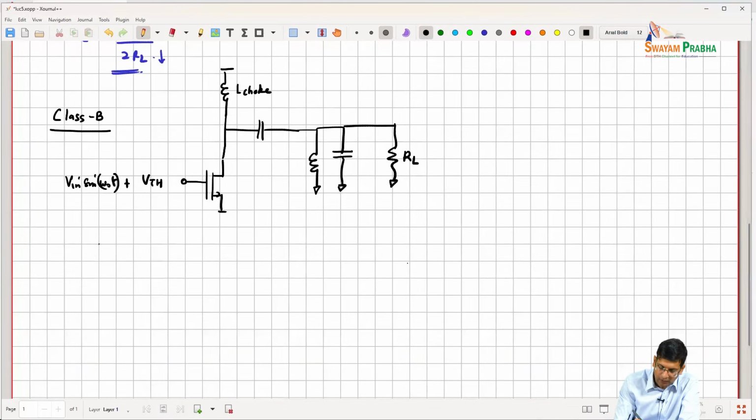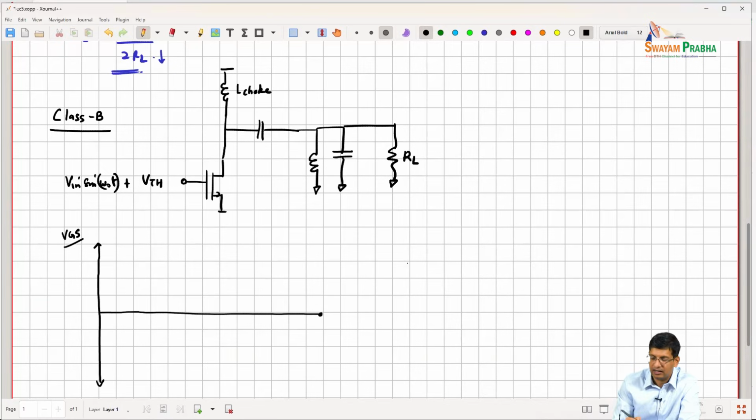So let's plot the input waveform across time. If I consider the VGS, the DC value is VTH.